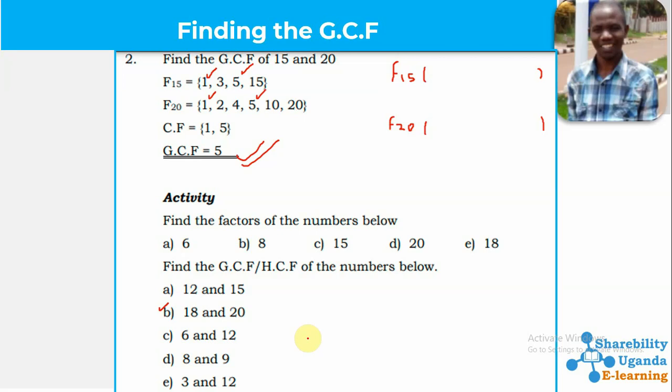Alright, so here we seem to end our topic, and we shall continue from there. As far as greatest common factors are concerned, we shall also bring out the prime factorization and the lowest common factors, and we shall solve a lot in the next video.